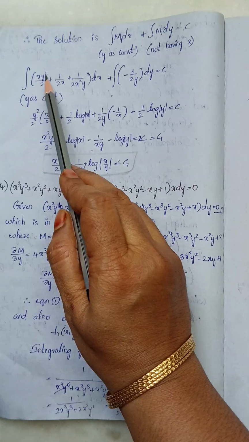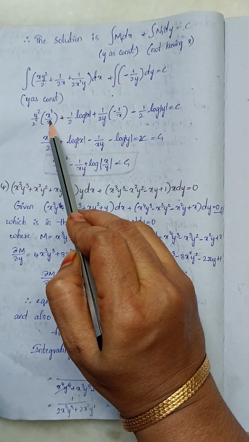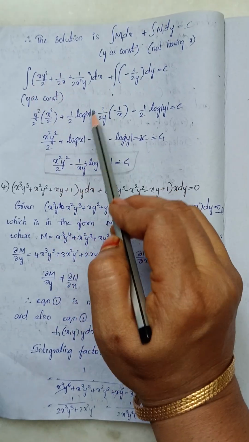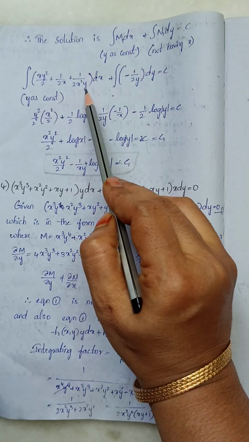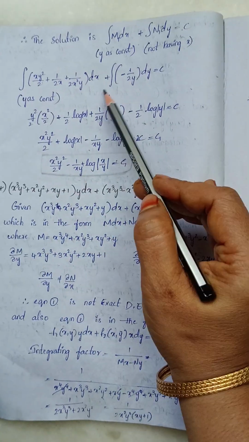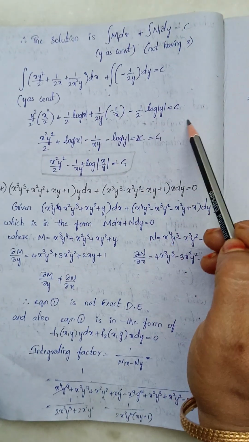Y constant, so y square by 2 constant as it is, and integration x into dx is x square by 2, plus 1 by 2 constant, 1 by x integration is log x, and 1 by 2y constant here, and 1 by x square integration is minus 1 by x, minus 1 by 2 constant here, integration 1 by y is log mod y equal to c.